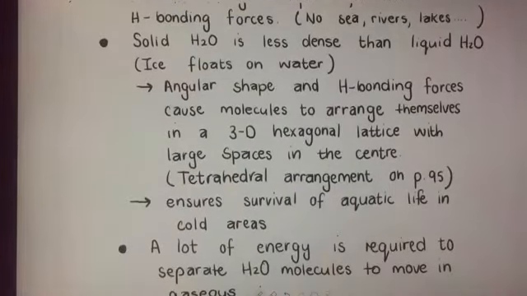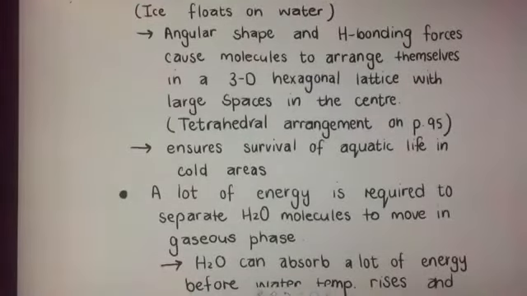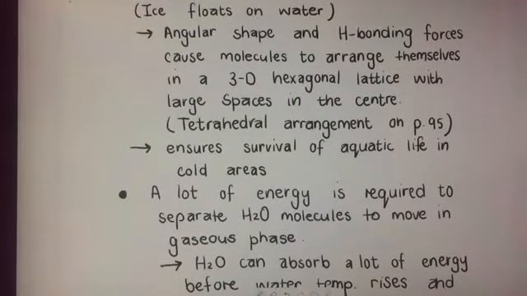And this ensures the survival of aquatic life in cold areas, because in a river, when it gets very cold and the water starts to freeze, a layer of ice will form on the surface of the river, and the aquatic life can still survive because the ice stays on top and doesn't sink to the bottom, so that the river doesn't ice from the bottom upwards.